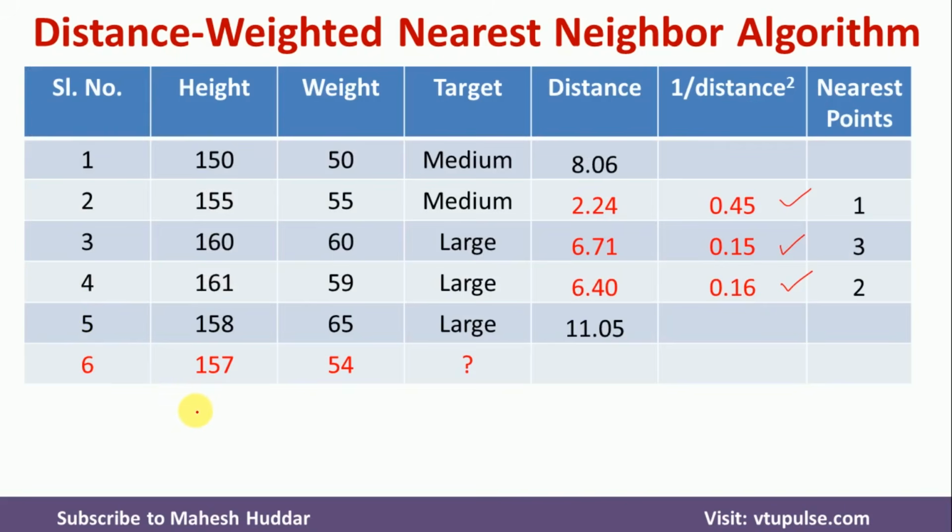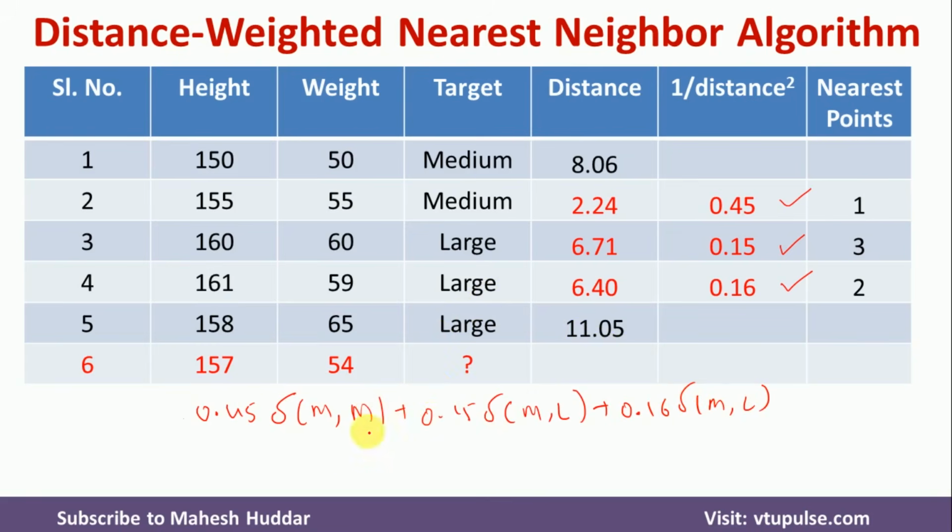Let us say the first weight w1 is equal to 0.45. So I take 0.45 times delta of medium comma medium, plus 0.15 times delta of medium comma large for the second one, plus 0.16 times delta of medium comma large again, because we have large over here also.